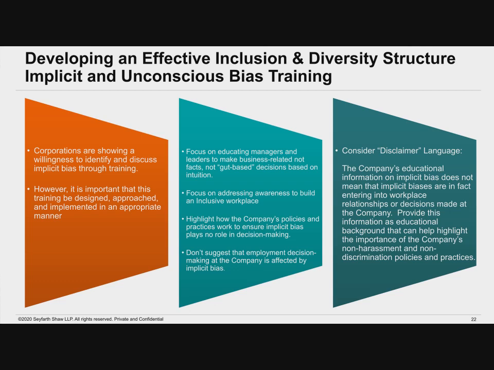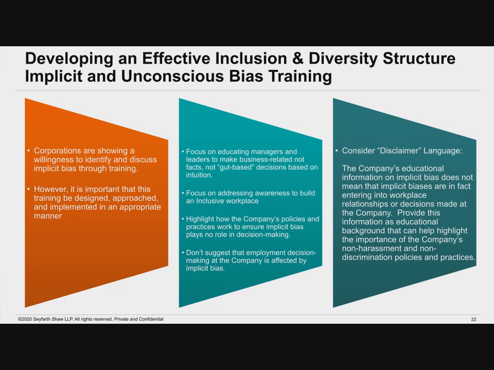What we are concerned about a lot on the legal side is just making sure that these training programs don't suggest that employment decision-making by a company is actually affected by implicit bias. Rather, it's for education reasons, essentially educating managers and leaders to make business-related decisions that are based on individuals and facts, as well as compliance programs you might have put in place, as compared to gut-based decisions based on intuition, which, if anyone has taken this form of training, you may know can lead to decisions made outside of your compliance framework in certain situations.